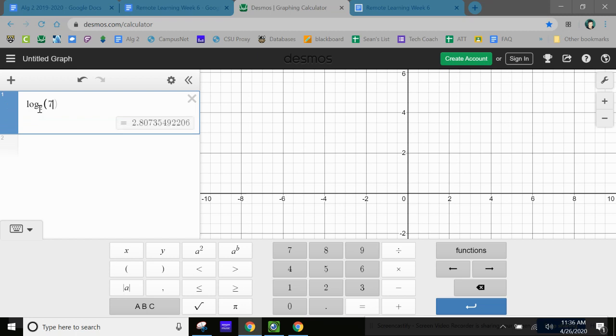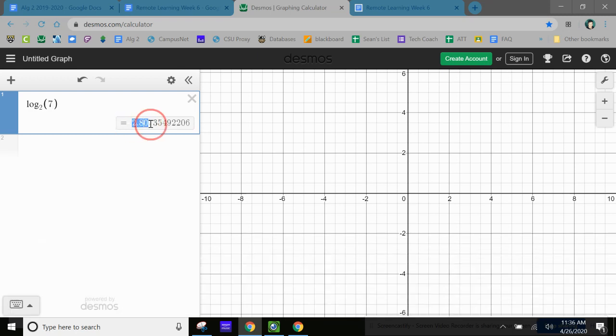Now, Big Ideas has you simplifying it to the thousandths place. So that means I need 2.807. And I'm not rounding up because the number after the thousandths place is 3. That's not 5 or above. So my answer is 2.807.